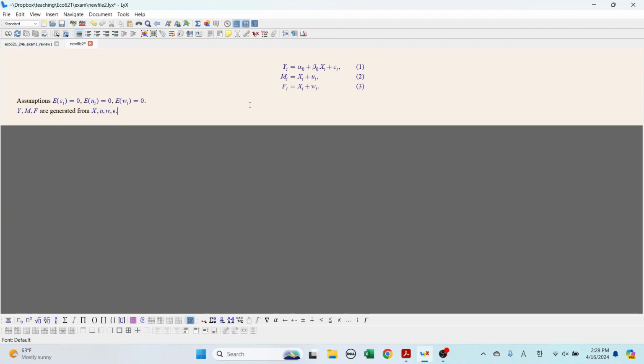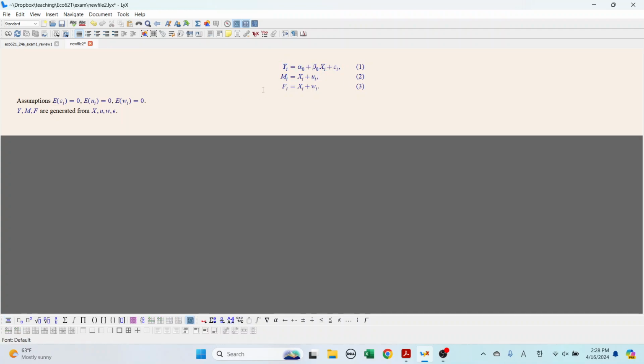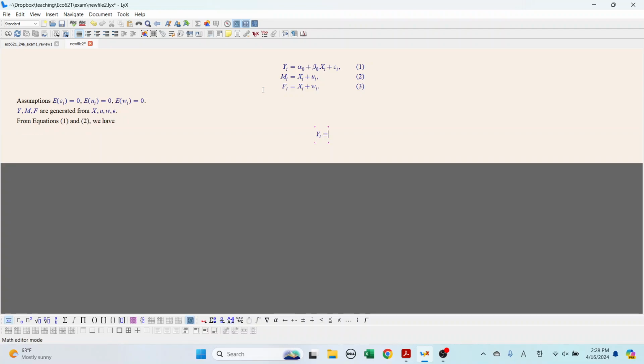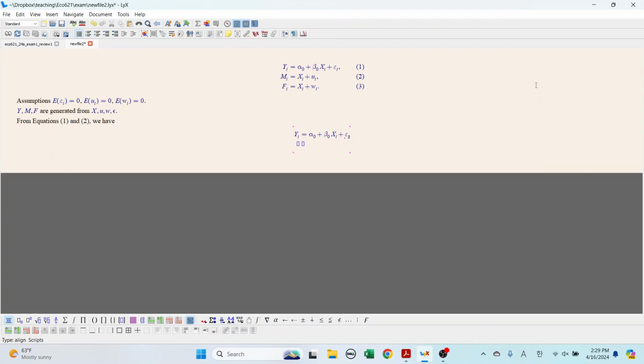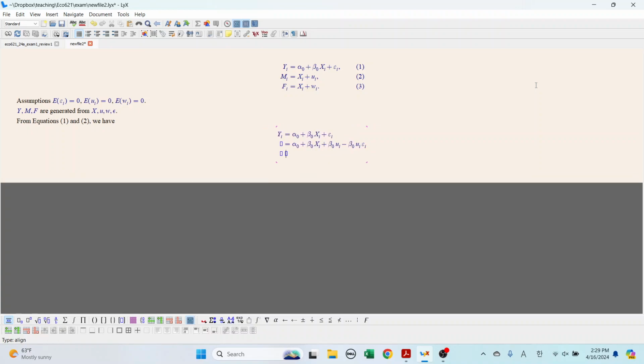For example, when you have equation 1 and equation 2, from equations 1 and 2 we have, so you want to connect x with m, replace x with m, and then you can do it by adding and subtracting, right?